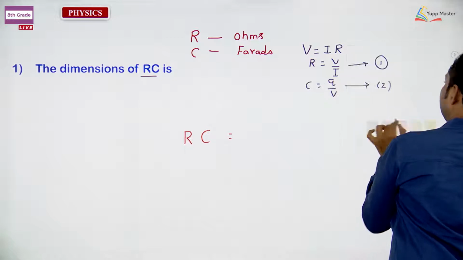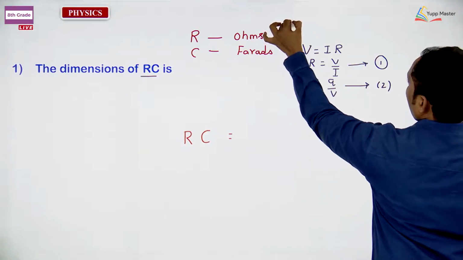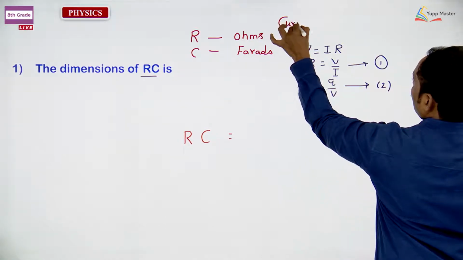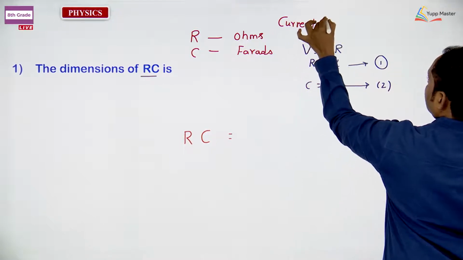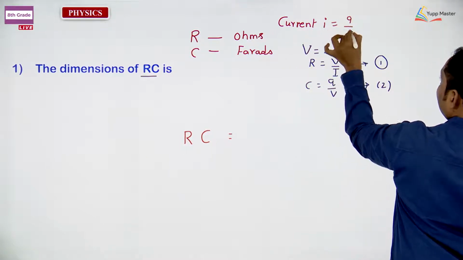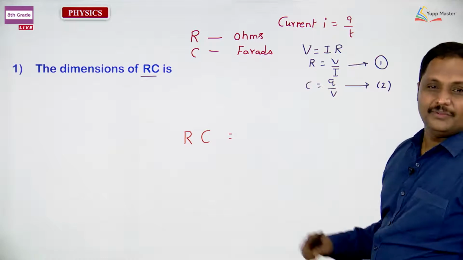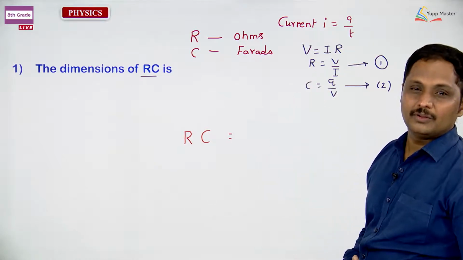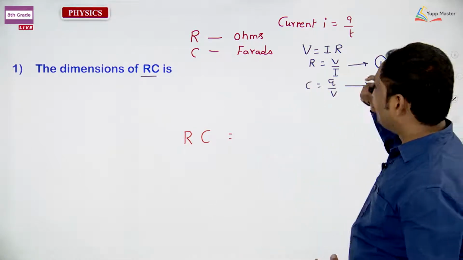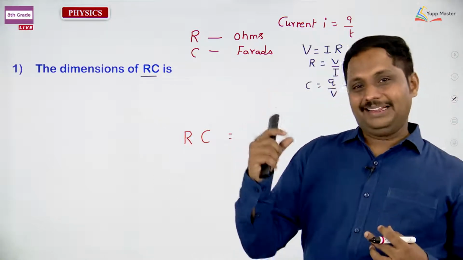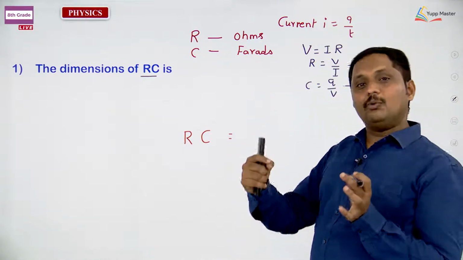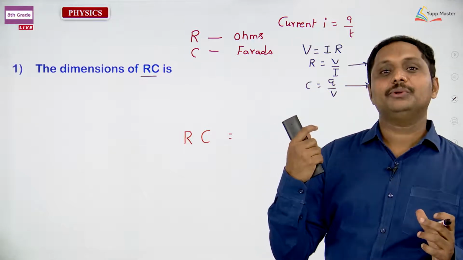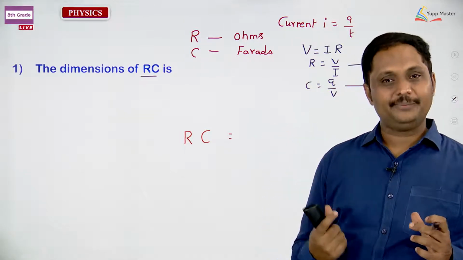What is that additional information? That is current I is equal to Q by T. The current is nothing but the amount of charge crossed per unit area per unit time.